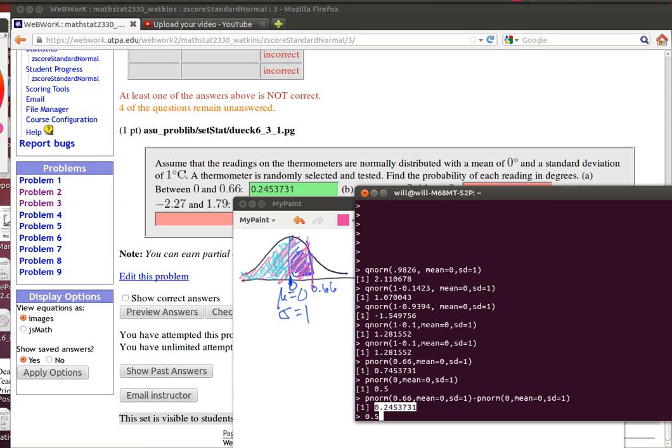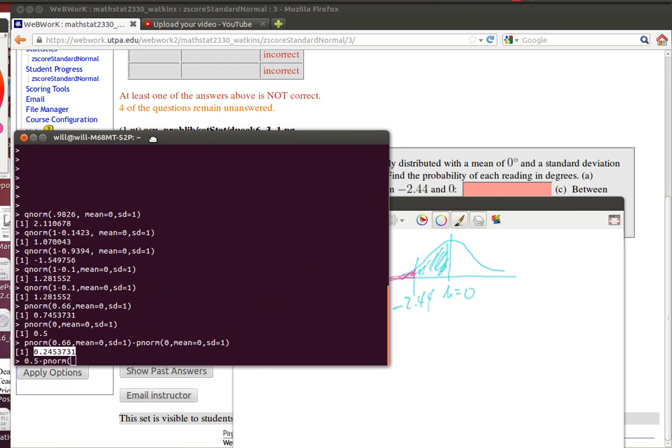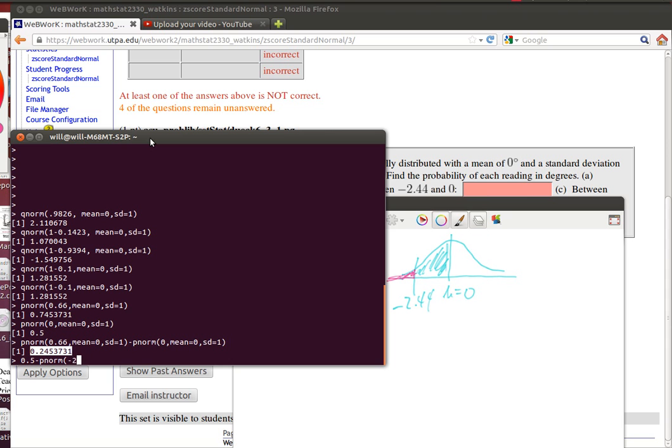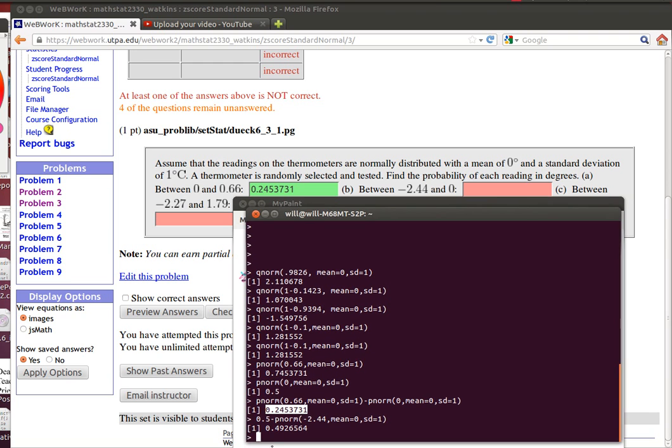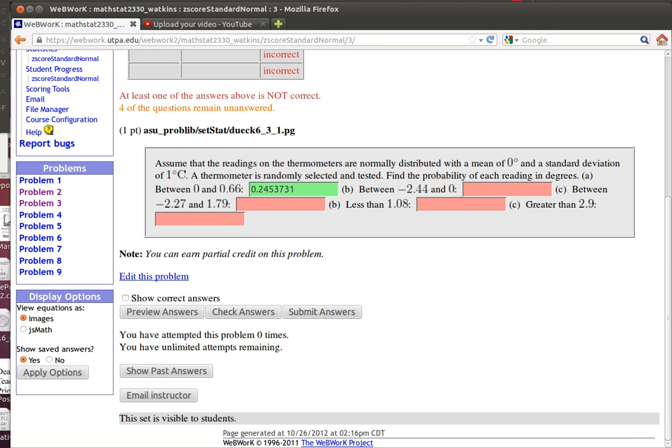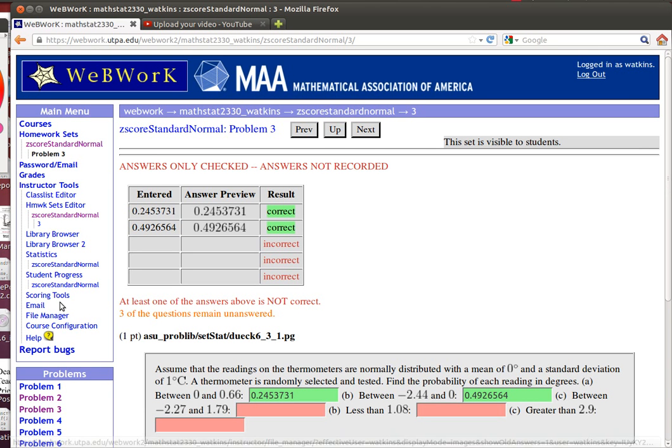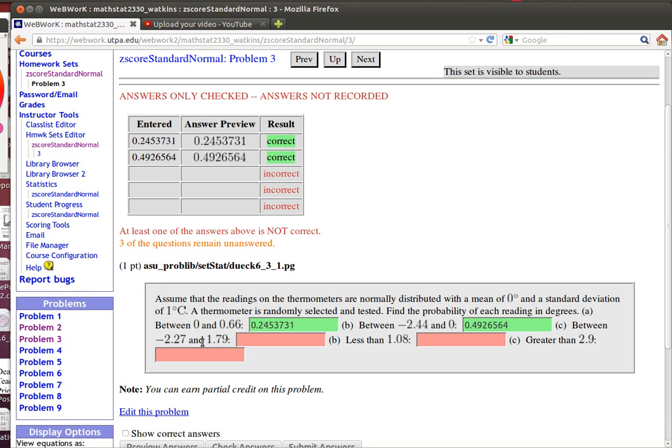I could calculate it with the pnorm as well, but minus the pnorm of negative 2.44 in a distribution whose mean is 0 and standard deviation is equal to 1. Okay, so there's the answer that we're looking for right there. I can copy that and paste it into here, and let's check our answer. There we go.